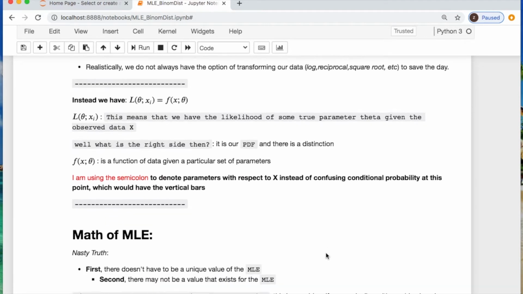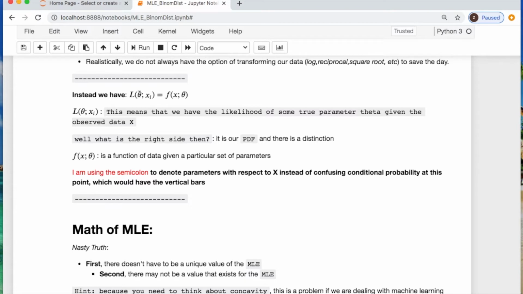Now, let's think about this. We're looking at this as the likelihood of some values x, which is your observed data, and your parameters, all right? Where the L stands for the likelihood, and it's just some true parameters theta given your observed data. The right side is a function of the data given a particular set of parameters. It's the reverse.